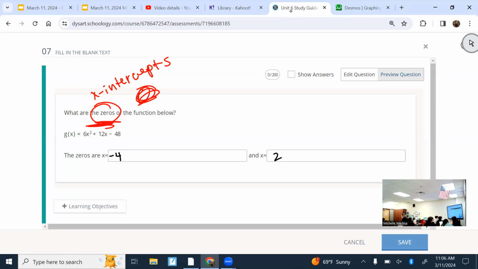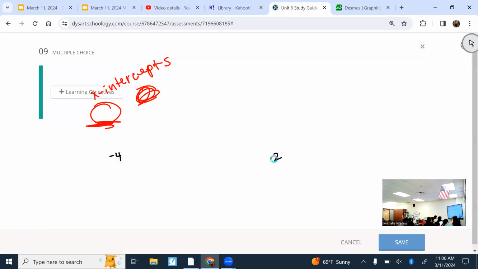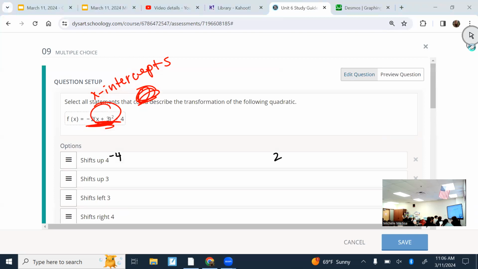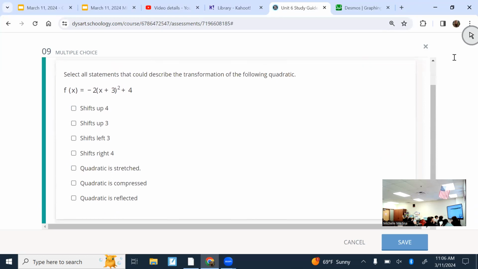Right, number 9. Okay. So we have to select different transformations based on the equation. And when it's saying transformed, it means from the parent graph, unless it gives you another equation to look at.